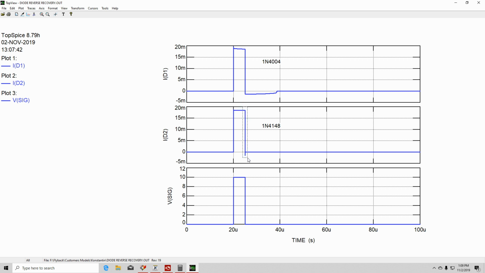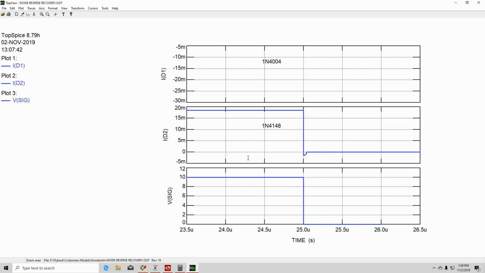So if we go in there, see that? See that, my friends? You have a little bit of recovery, but it's much shorter time. Let's see what the time is on that. Okay, so the reverse, let's go from here to here. It's a lot shorter. It's only 35 nanoseconds.